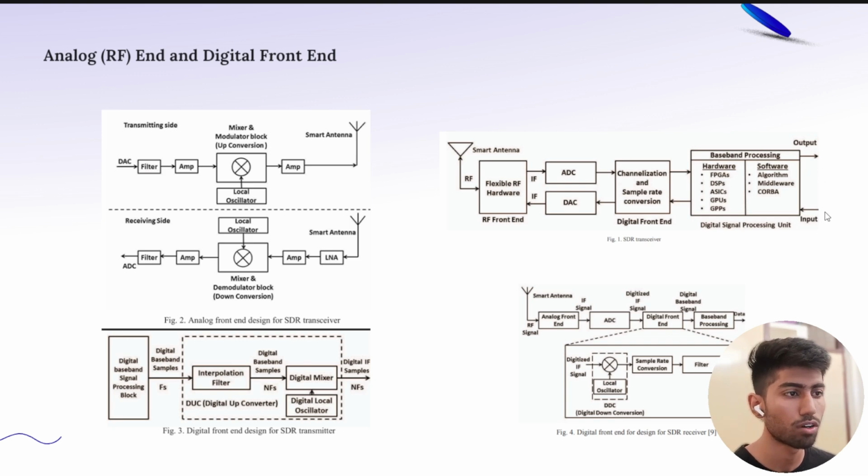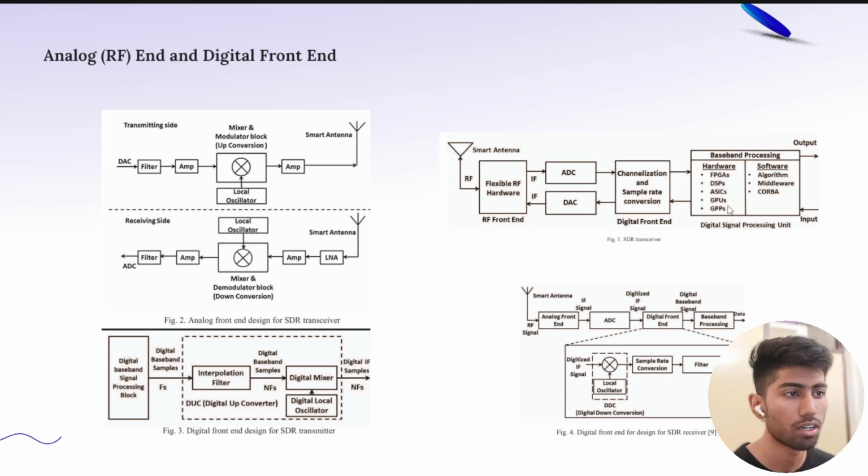For transmission, we first do the baseband processing through software and then through hardware. The software part contains algorithms, middleware, CORBA, and some software applications. And then there is the hardware, as I've told you earlier: FPGAs, DSPs, ASICs, GPUs, and GPPs.